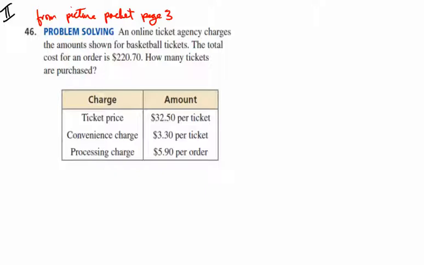Okay, so an online ticket agency charges the amounts shown for basketball tickets. The total cost for an order is $220.70. How many tickets were purchased? So it's important to note that the ticket price and the convenience charge are for each ticket, but the processing charge is once for the whole order.